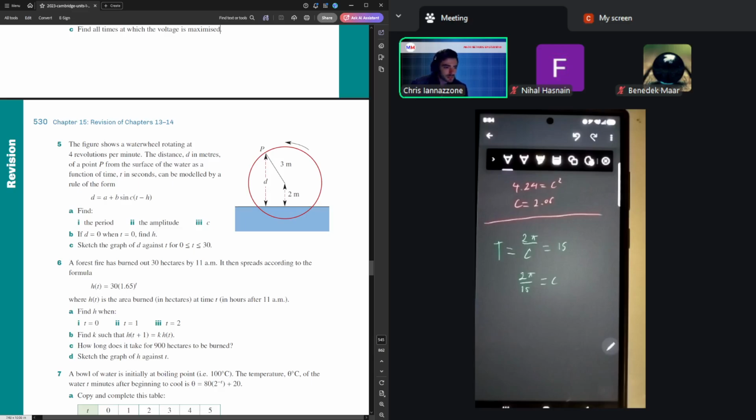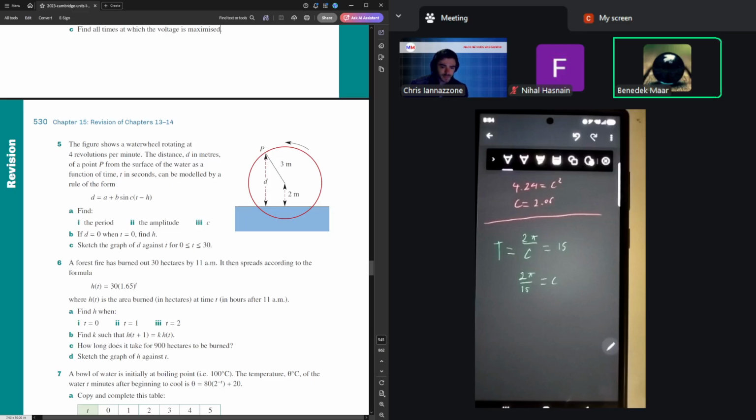Part II, the amplitude. There was a piece of information that was mentioned earlier that can help us grab the amplitude. Is that 3?